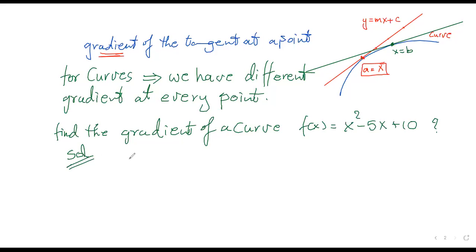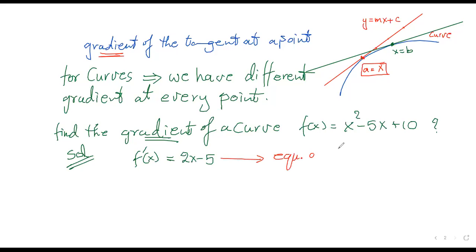That's the solution. I have to find the differentiation of the function f(x), that's 2x minus 5. That's the equation of the gradient.